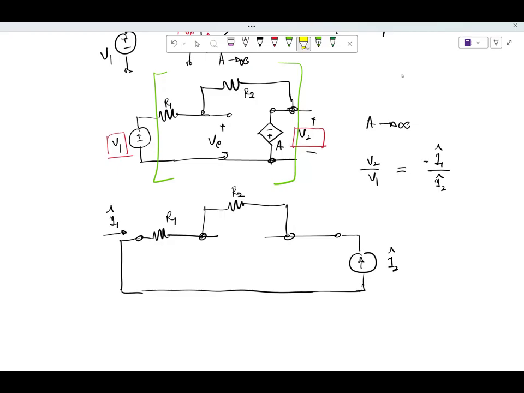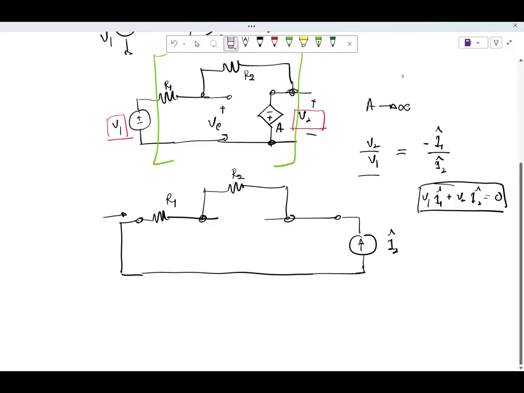Why should this happen? Because ultimately we are bothered about the terminal characteristics. If this were true, then we get V1 I1 hat plus V2 I2 hat is 0, right? Which is the correct expression, correct? So it should be negative I1 hat, which essentially means that here I have to change the direction of I1 hat, with the arrow pointing downwards, right?